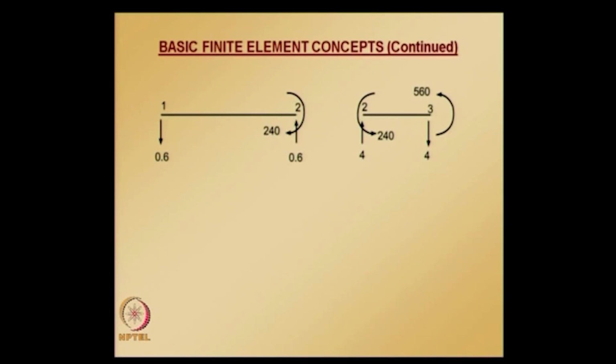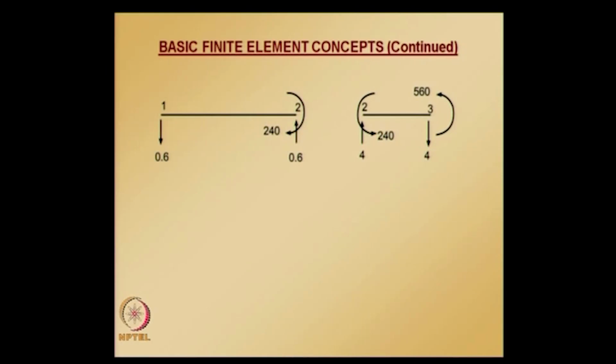So, for the total reaction, the sum of these two reactions: 0.6 kilonewton acting in the downward direction at the extreme left support, and at the middle support a reaction of 4.6 kilonewtons. If we add these two values acting in the upward direction, we get 4 kilonewtons acting in the upward direction.